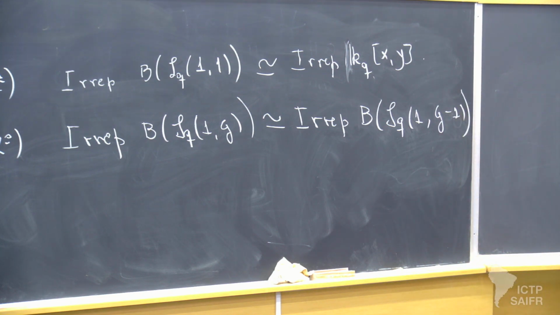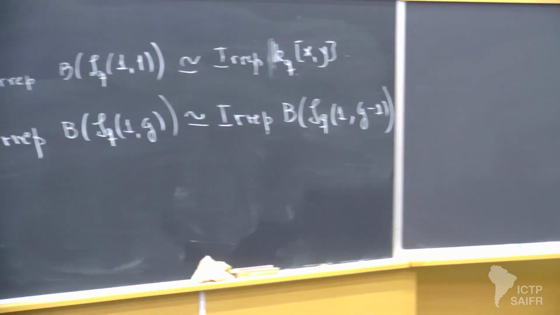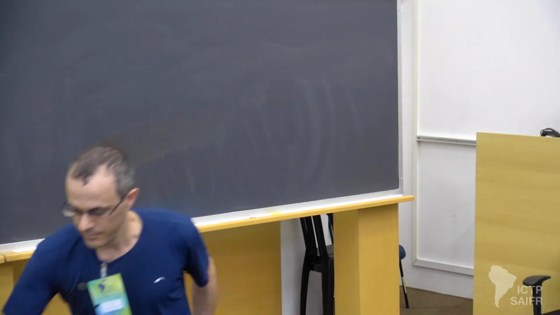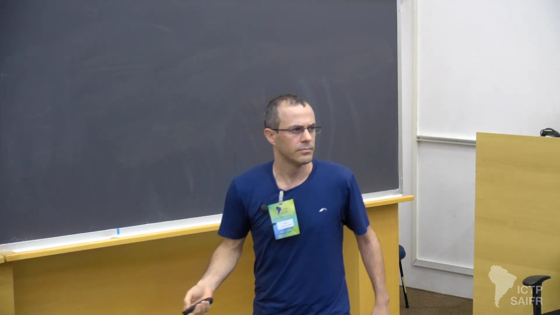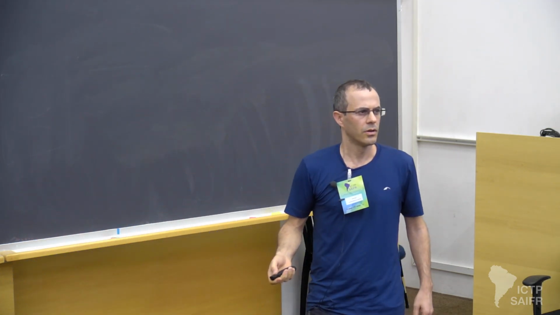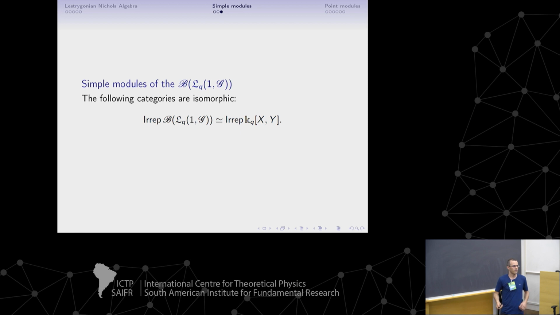So we reduce the general case to the case G equal to 1. In the case G equal to 1, you have x1 and x2 that have the relation of the Jordan plane, and then x2 and x3 that commute, which is why this quantum plane appears.